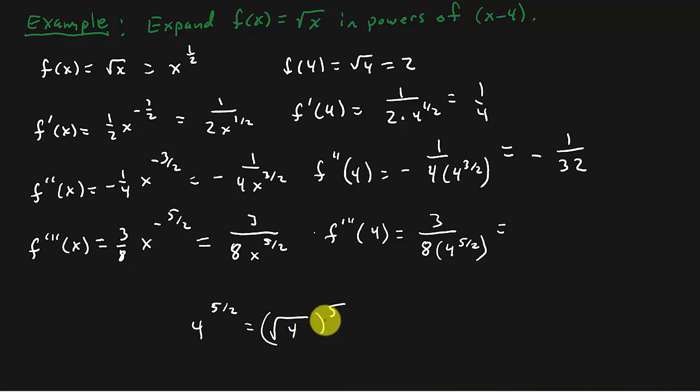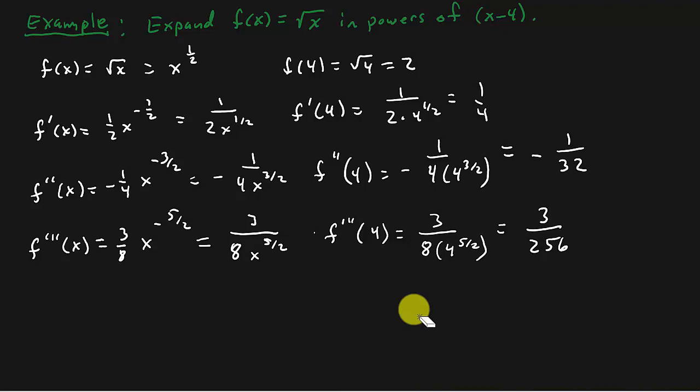Square root of 4 is 2, and 2 to the 5th is 32. So this is 32 times 8, that is going to be 3 over 256. Okay, hopefully all that makes sense.